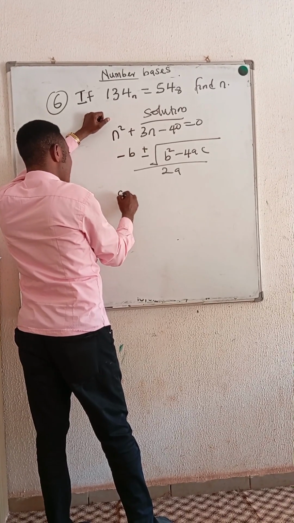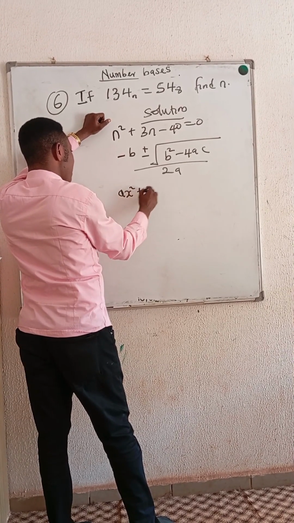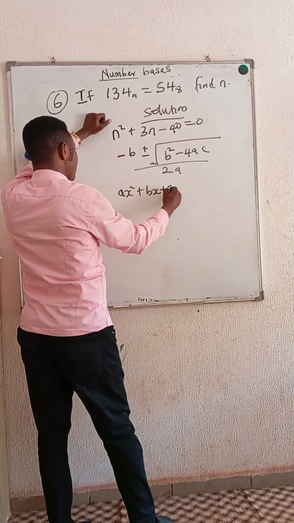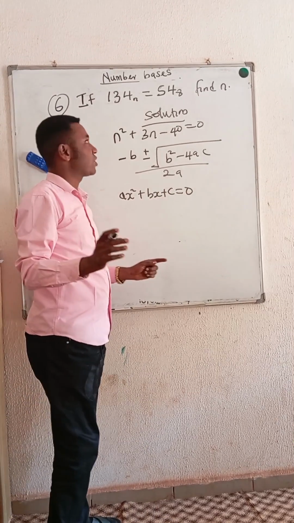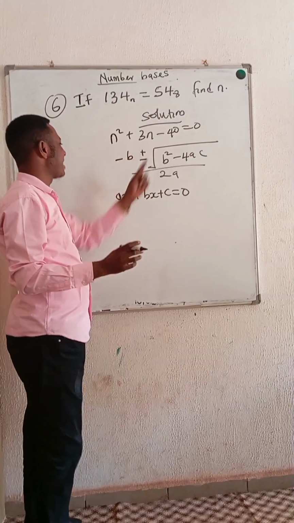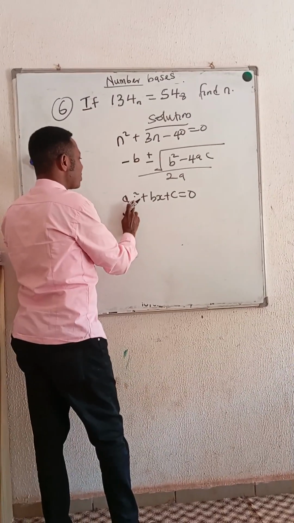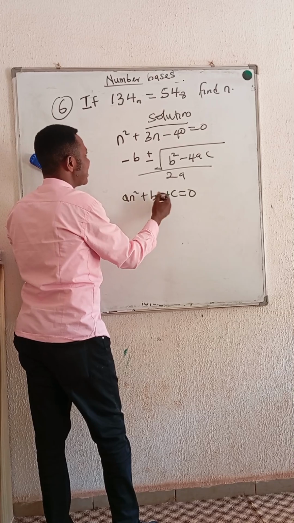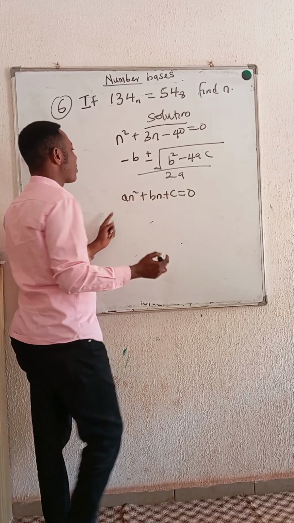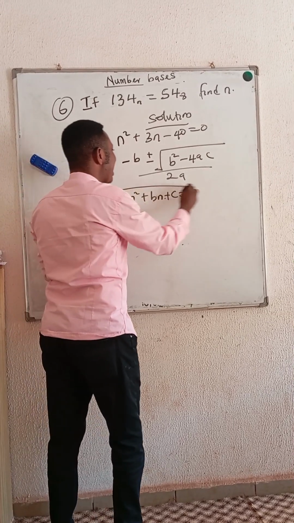You know, ax squared plus bx plus c equal to 0 is the general quadratic equation. But because we are having n now, permit me to use n squared, so that I will not be confused. This is now n.